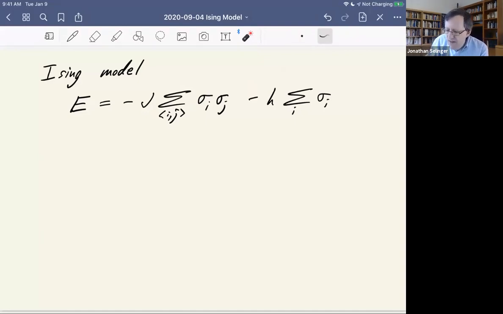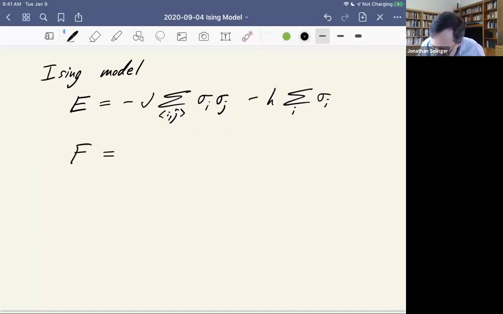Instead, we have the interaction between neighbors that's included in a term like this one. So, for example, suppose we wanted to figure out the free energy.